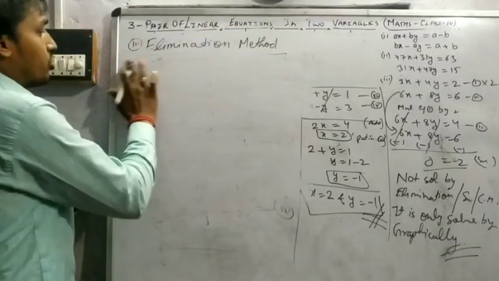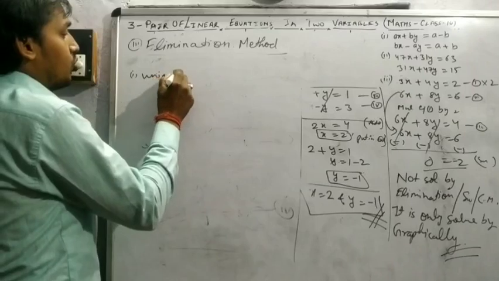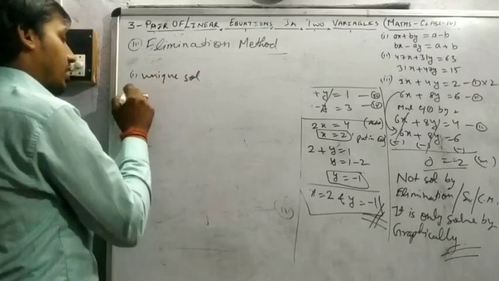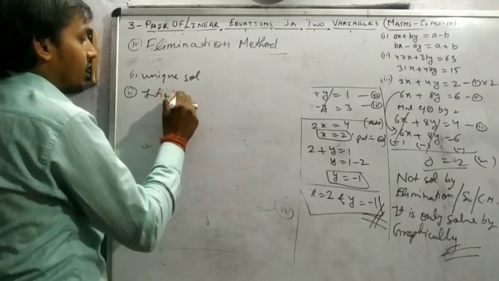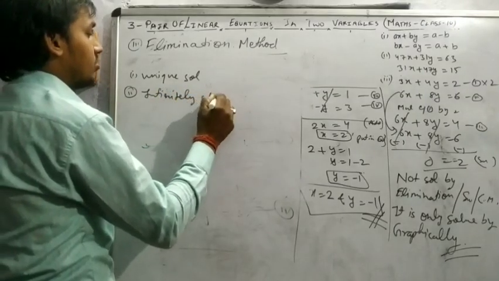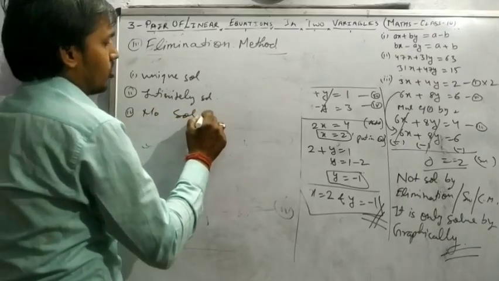There are 3 types of solution. First, unique solution. Second, infinitely many solutions. Third, no solution.